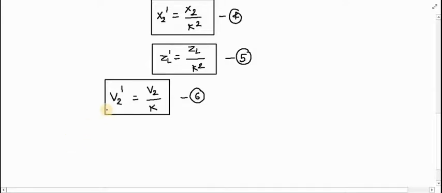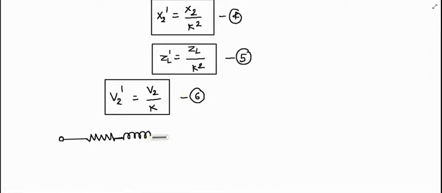So let us draw the equivalent circuit. Primary resistance I will draw as it is. Then the primary inductance, leakage reactance, as it is.